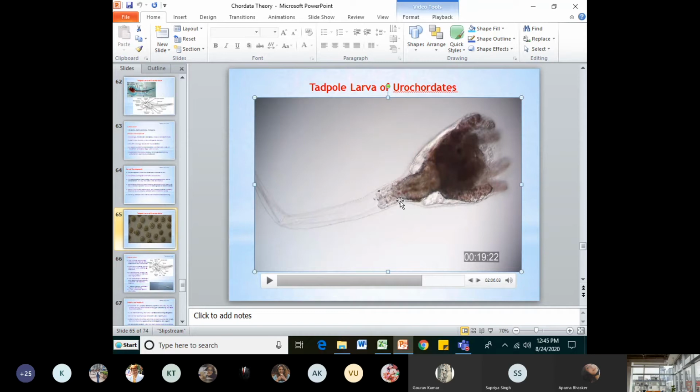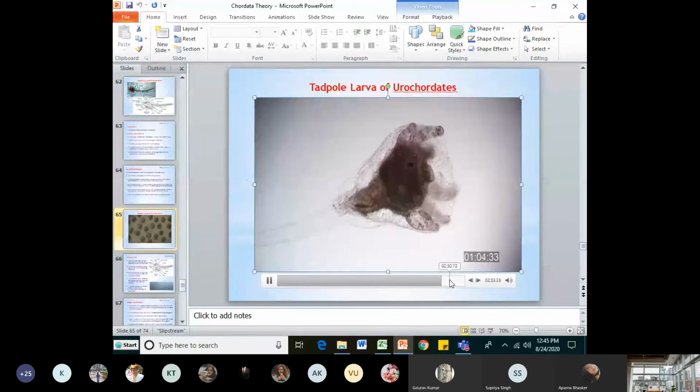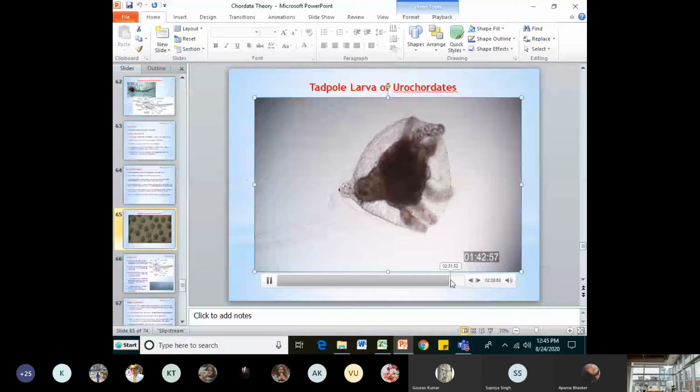So here comes the molecular role of proteins in the reverse metamorphosis, the molecular intervention in the metamorphosis of the tadpole larva. And this is how the actively or freely moving and swimming larva becomes a stationary one.